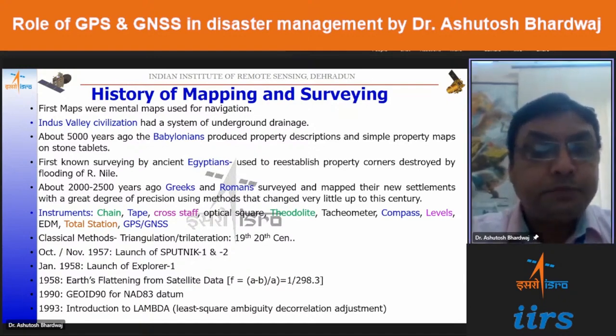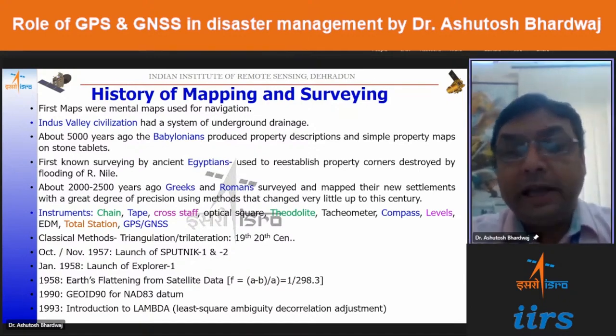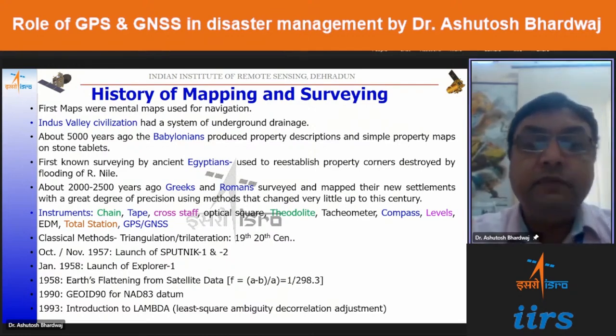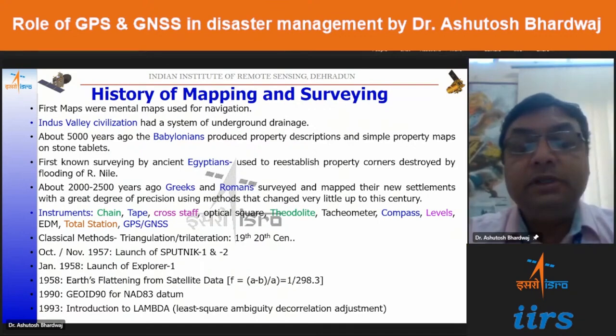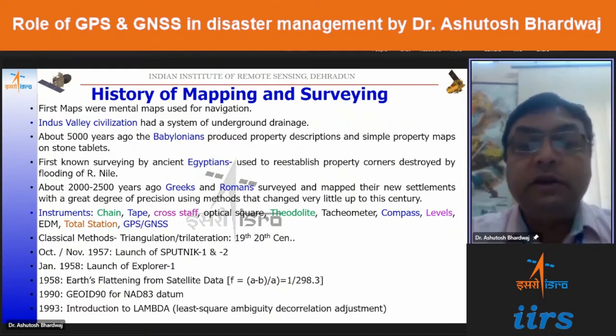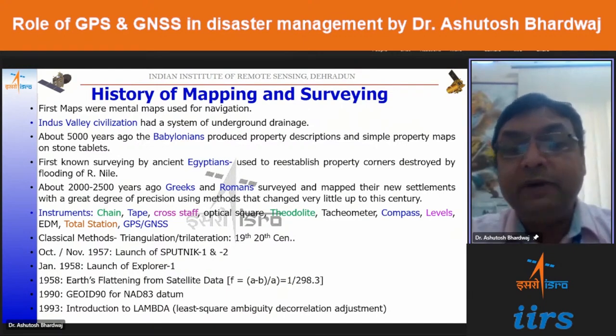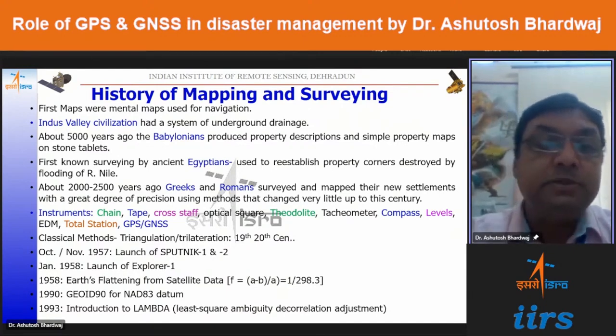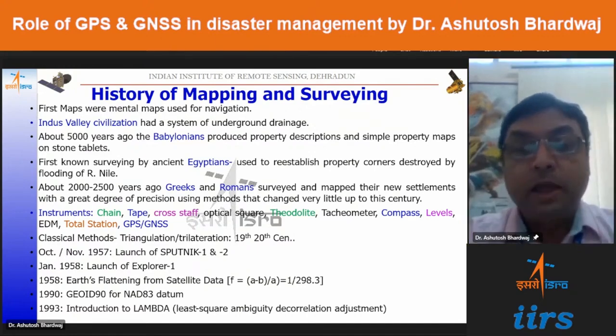In recent times, where we have talked about surveying as a subject, we have developed various instruments in due course, starting from the very basic chain and tape to the advanced theodolite, tachymeter systems and the latest total stations.